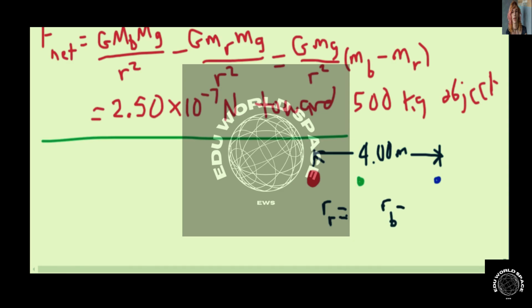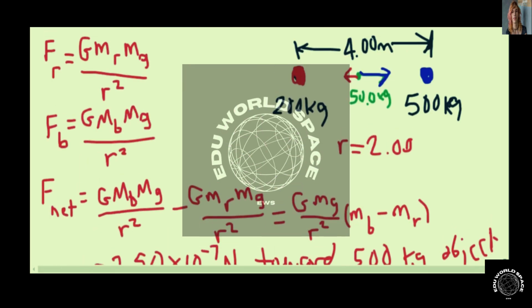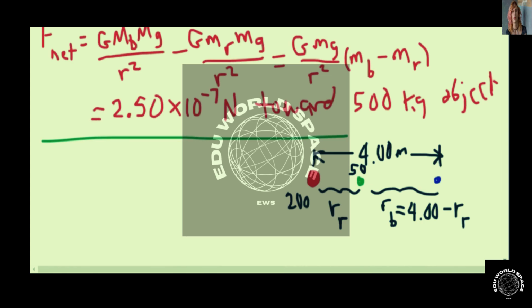R B is going to be another number, but it's going to be 4.00 minus R red, because if we add this distance plus this distance, we will get the total distance. Okay, I should write my masses: 200 and 500, all in kilograms.